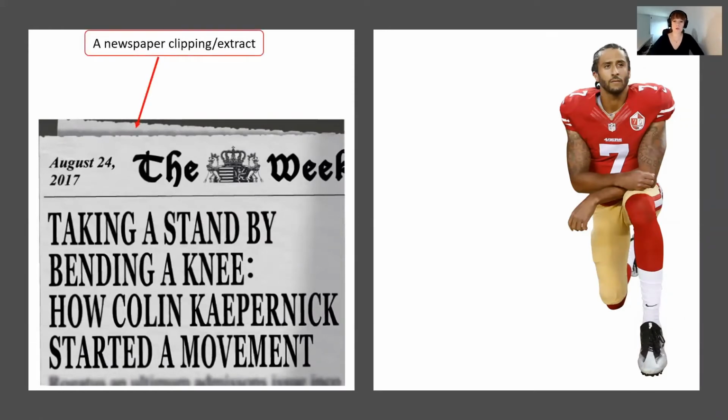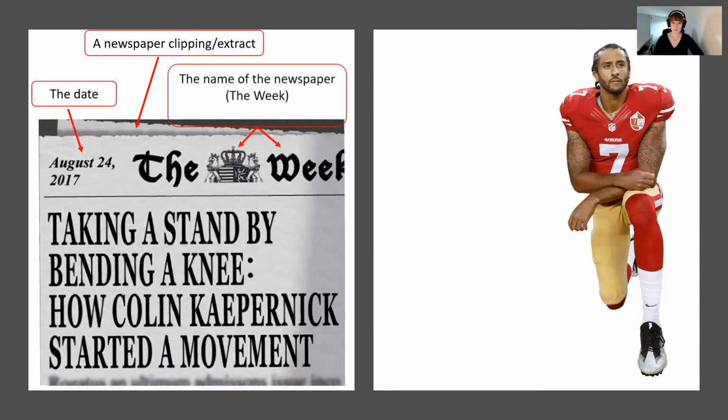We're going to say a newspaper clipping or a newspaper extract. That is the type of document. Next, we can see the date, August 24th, 2017. Next, we can see the name of the newspaper, the week, and we can also see the logo of the newspaper. So we can see the name of the newspaper and its logo.